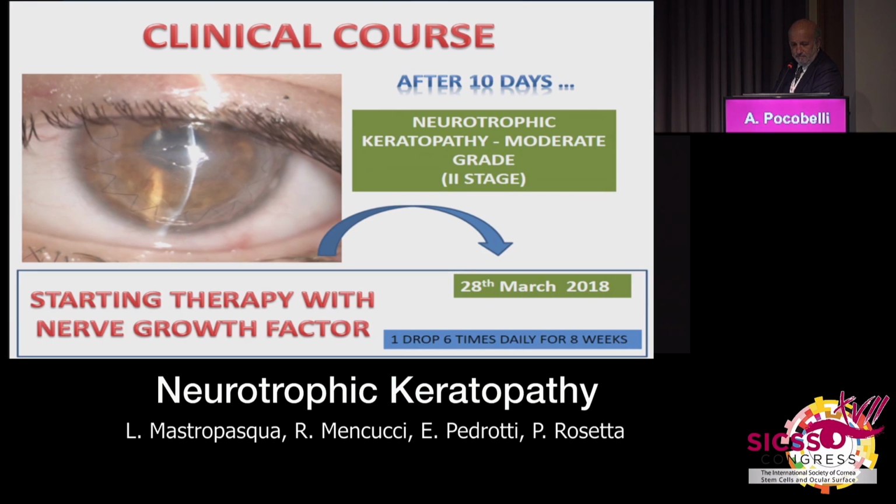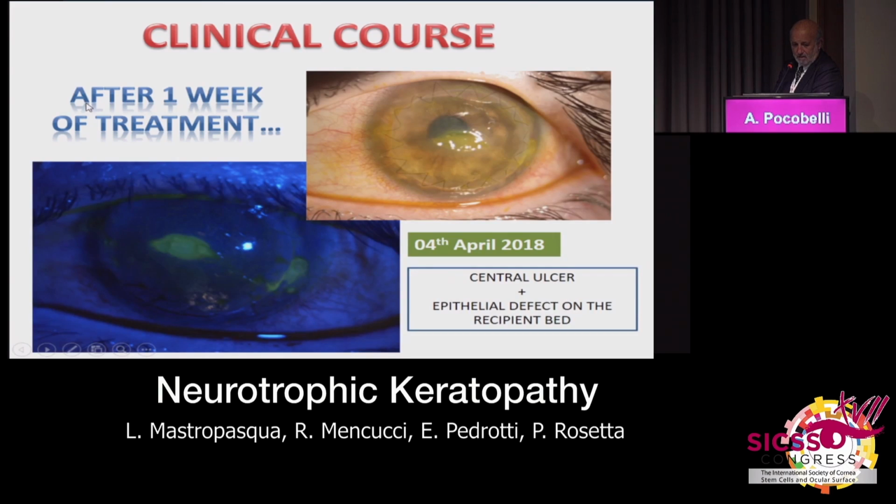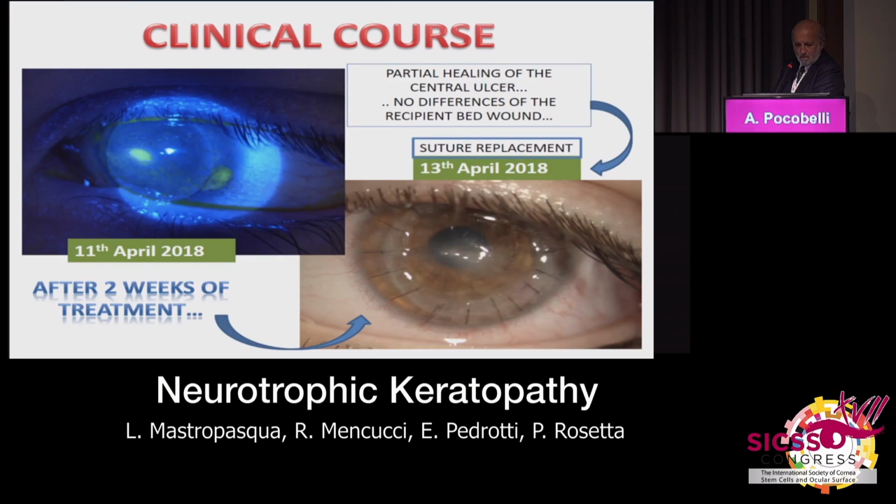So NGF treatment with eye drops according to the recommended therapeutic scheme. So the epithelial defect slowly closed, and if necessary, a suture. No, it wasn't necessary because we had a peripheral cheese wire, but it wasn't really an issue, so the defect actually closed up.